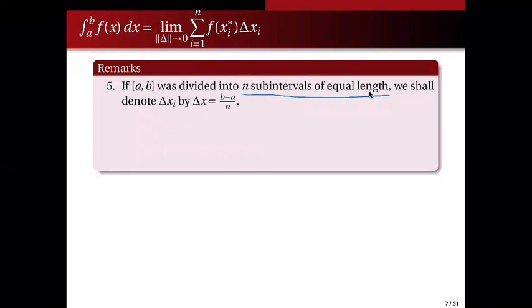Since they are all of equal length, delta x1 equals delta x2 equals delta x3, and so on, we'll just write delta x. And then we have the formula: delta x equals (b minus a) over n.